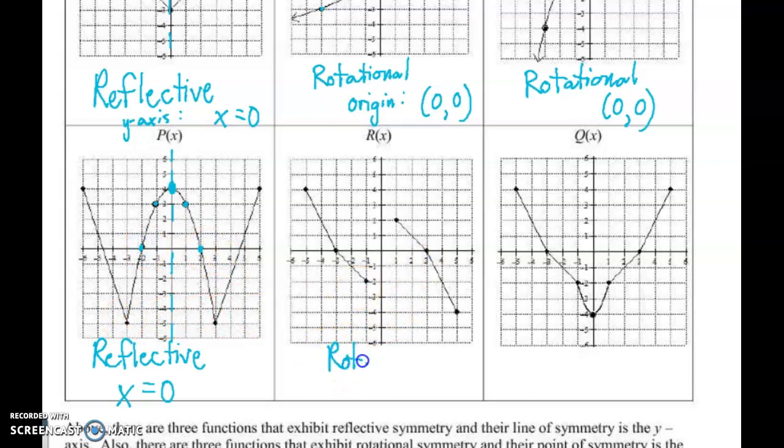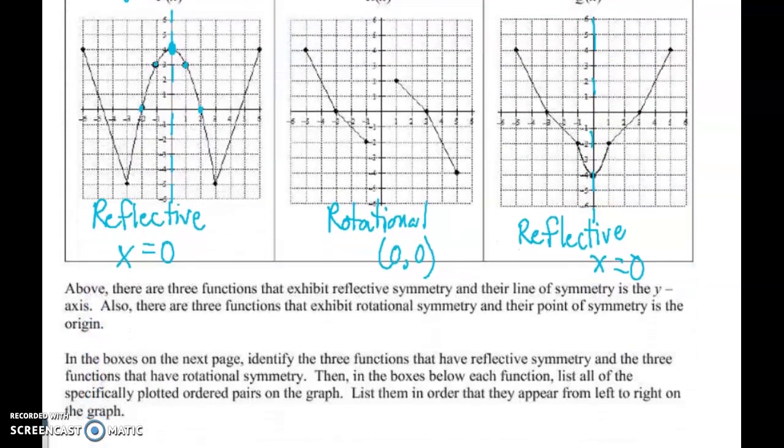Here's another rotational one around the origin, 0, 0, and then there's one more reflective one. Again, it's over the y-axis, but I just prefer writing x equals 0.